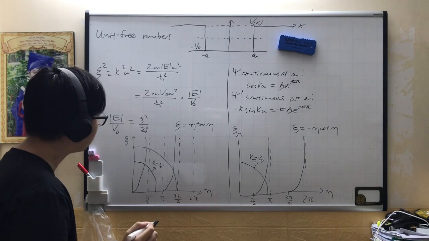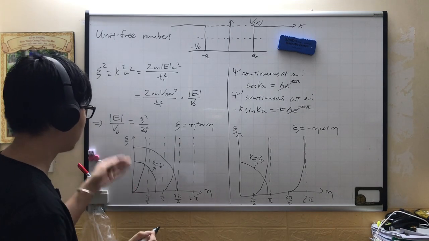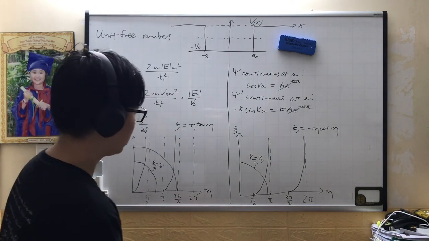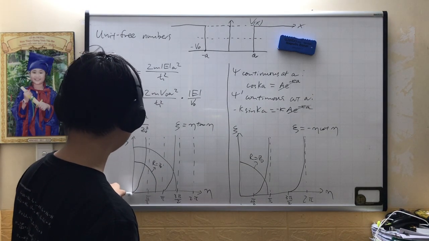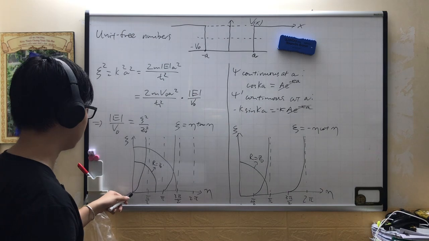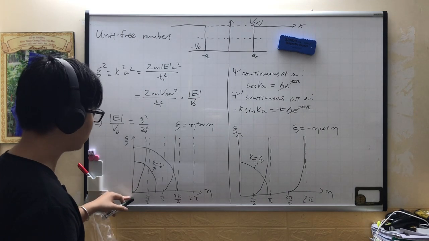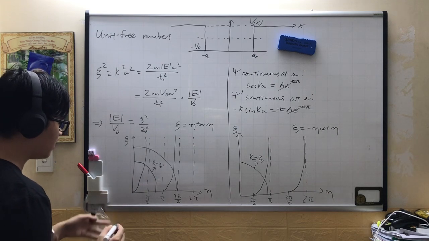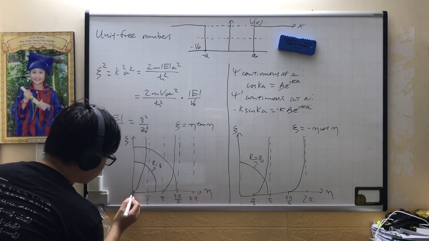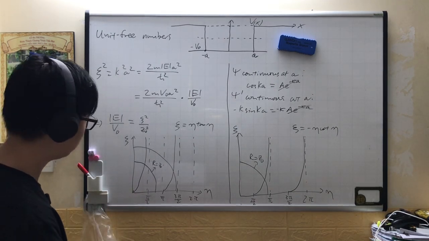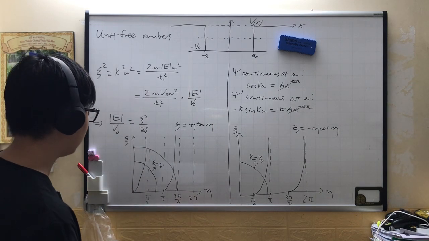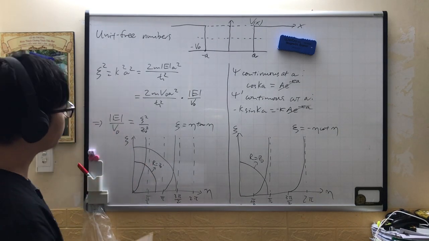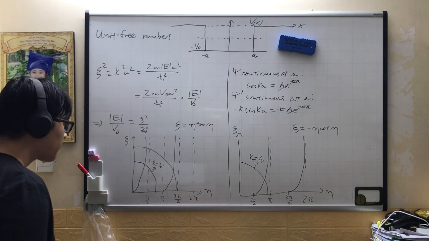So every time the circle crosses the tangent, that means one bound state. As I said, the tangent here started at the origin. That means no matter how small your radius is, it would guarantee a bound state. So there would always be an even bound state in the finite square well potential.